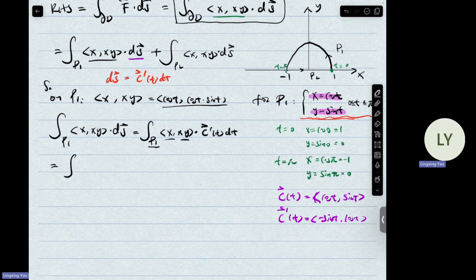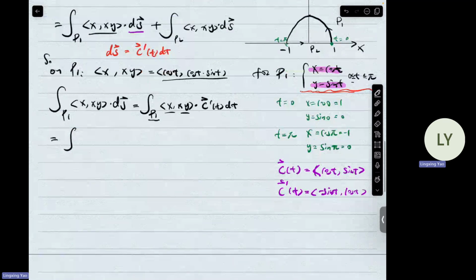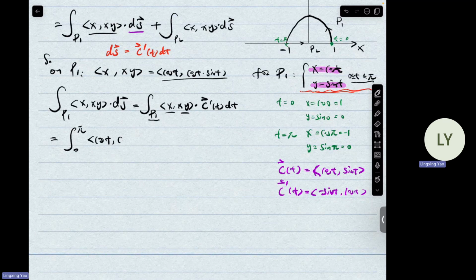Also on P1 we know the parameter is between 0 and pi, so we just set it. So this is cosine t sine t dot this vector, negative sine t cosine t dt, right?